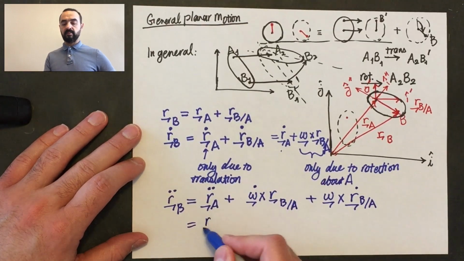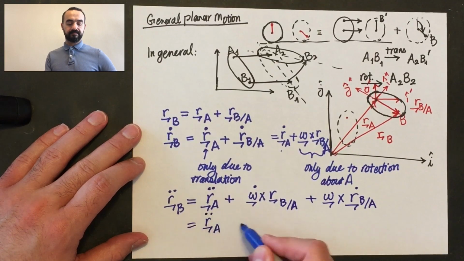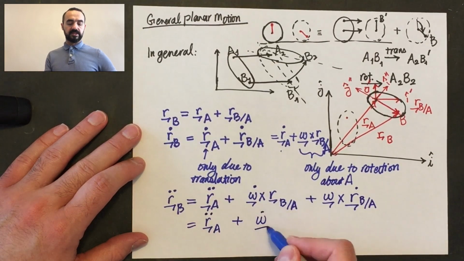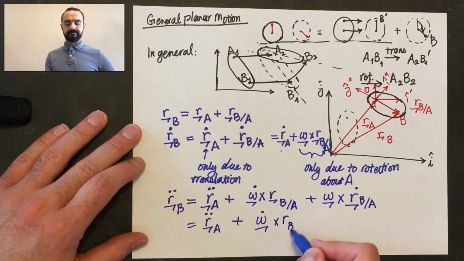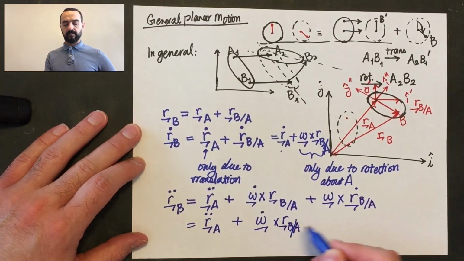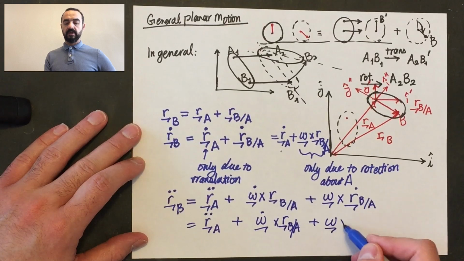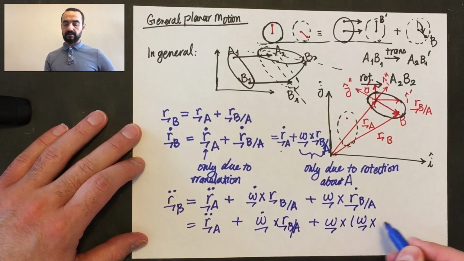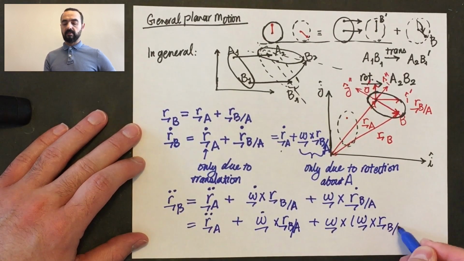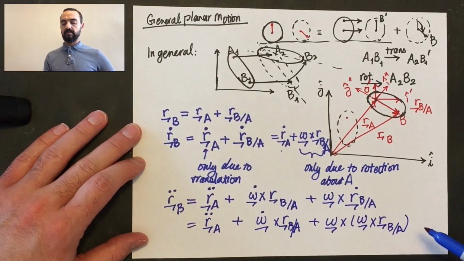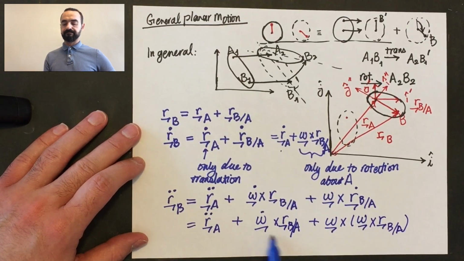It is omega cross RB with respect to A. So this is equal to RA double dot plus omega dot cross RB with respect to A plus omega cross, omega cross RB with respect to A.